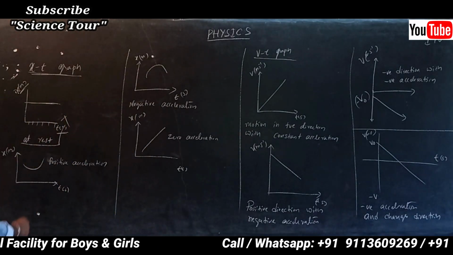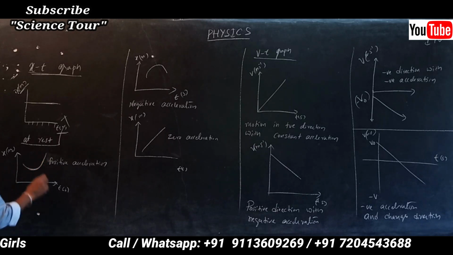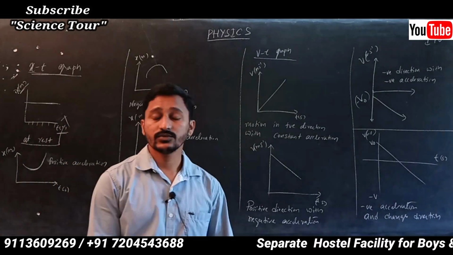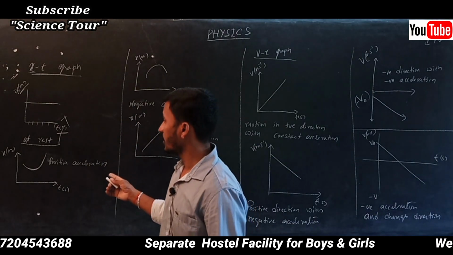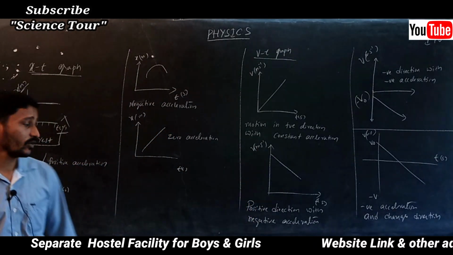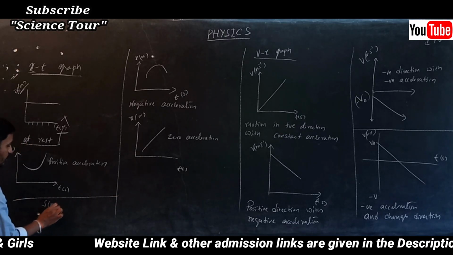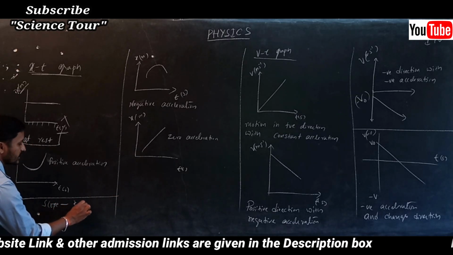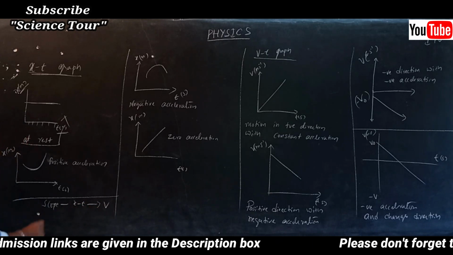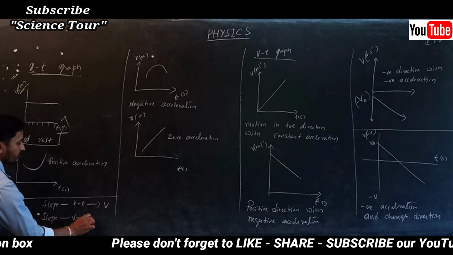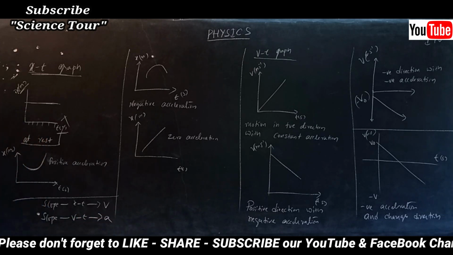Now this is positive acceleration. We already discussed that the slope of the position time graph gives velocity. In our last class we discussed that the slope of the position time graph gives velocity and the slope of the velocity time graph gives acceleration.